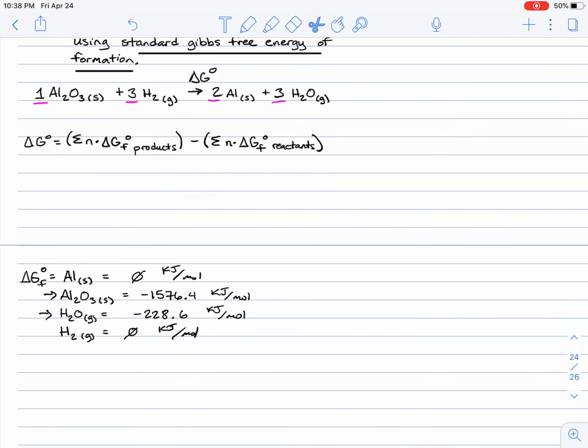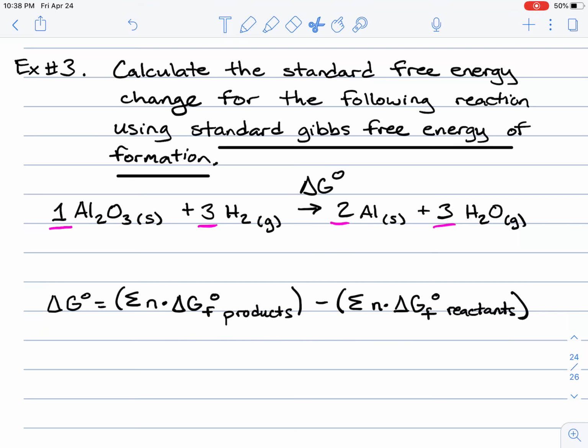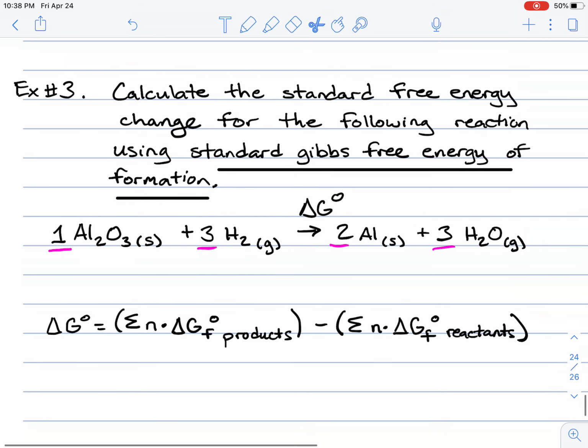And so we're going to use this equation to calculate the standard free energy change. Once again, standard free energy change is representing delta G naught, right? The standard is this little circle.